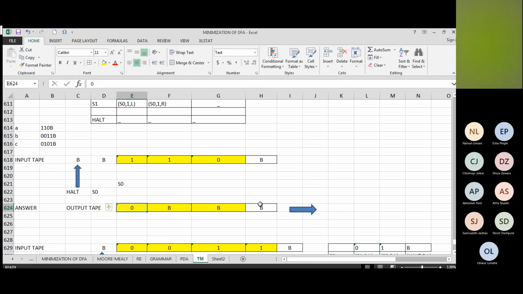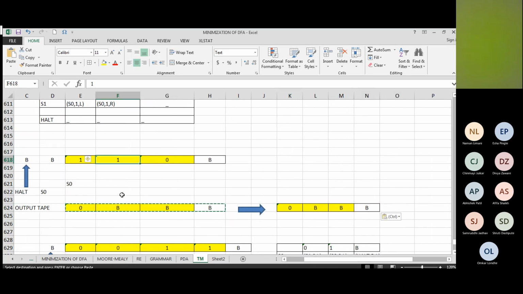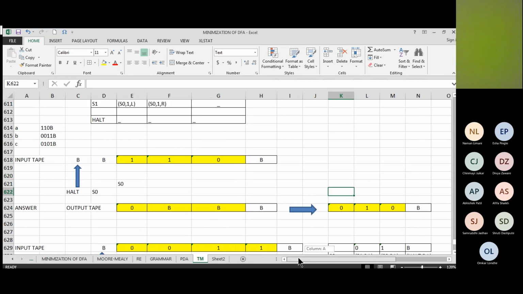The rest of the symbols will be copied as it is, as they are not processed. So this 1 will be reflected here, this 0 will be reflected here. So 1, 0. This will be the output. Rather, the answer we should write here. Only 1 is modified to 0.